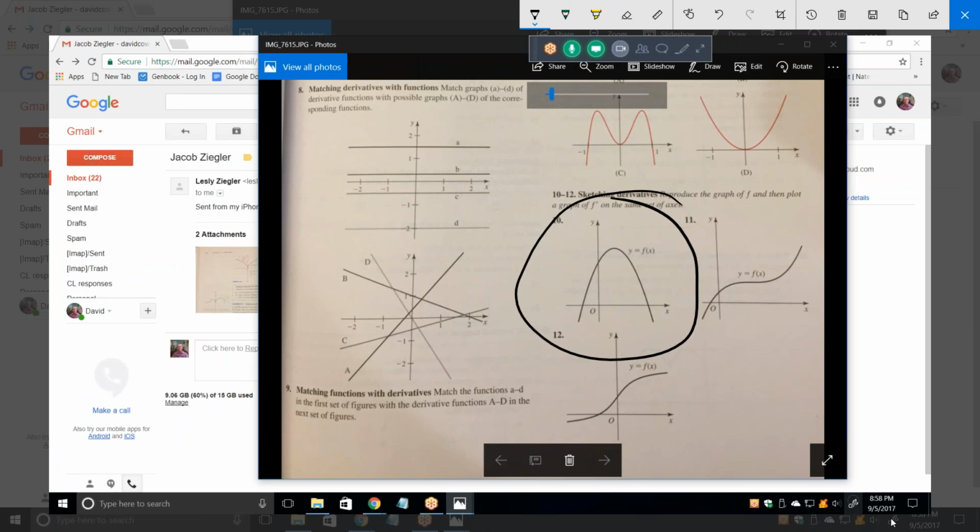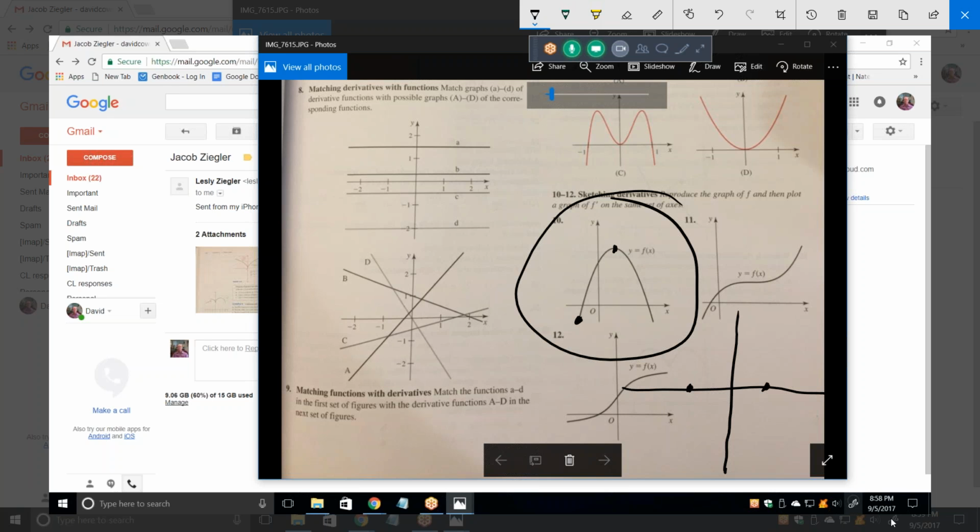Because all I can say is, tell me where it starts, tell me whether it's positive or negative. What is the derivative curve from there to there? Positive or negative? It's positive. Okay, so from there to there, we have to be above the x-axis.